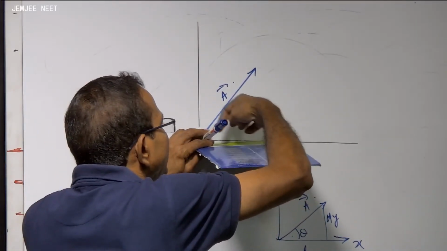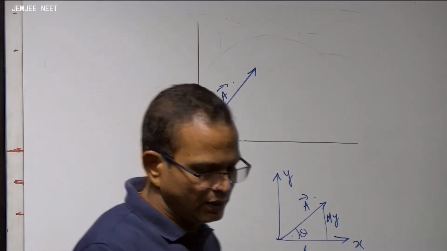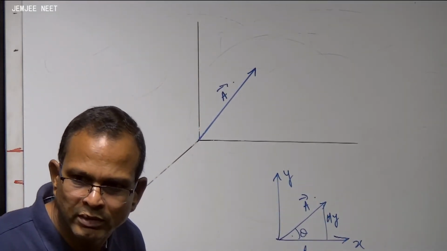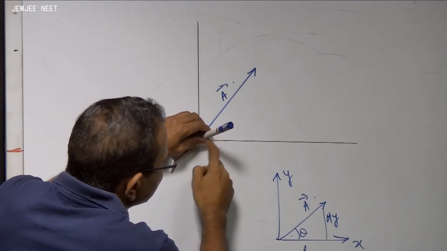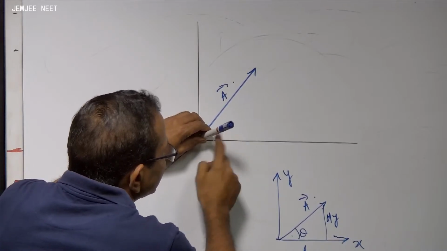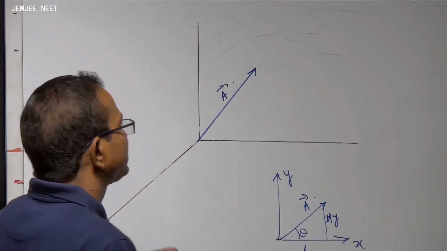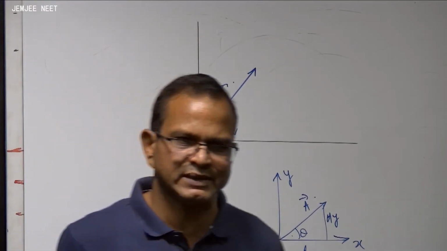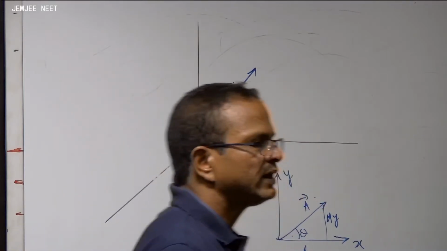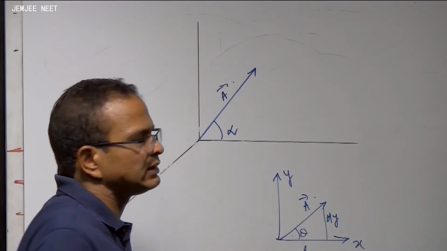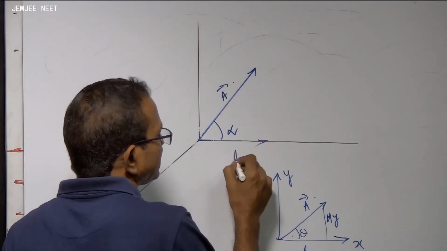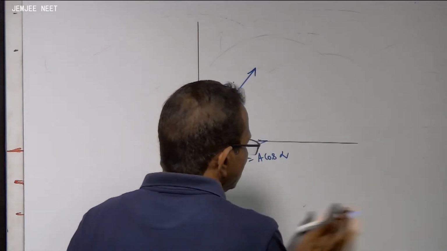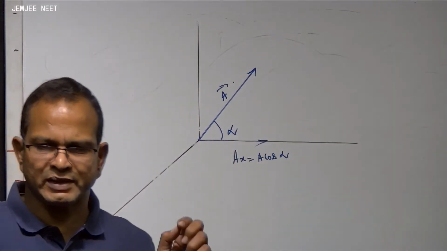Let the angle between the x axis and your vector be alpha. I am saying alpha for the first time now. Then anybody can close their eyes and tell the answer: Ax equal to A cos alpha. Any doubt? If a vector makes an angle alpha with the x axis, what's the component?